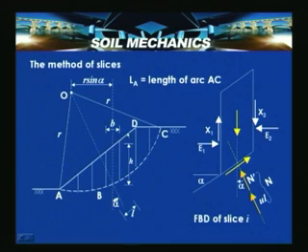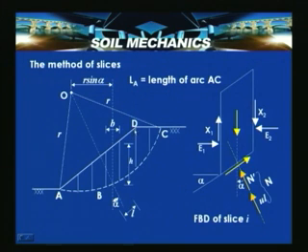So, here this particular portion of soil A, B, C, D is cut into slices of equal width. This is the width of the slice horizontally, and this is the height of the slice. The assumption is that the weight of the slice acts at the center and at the base.